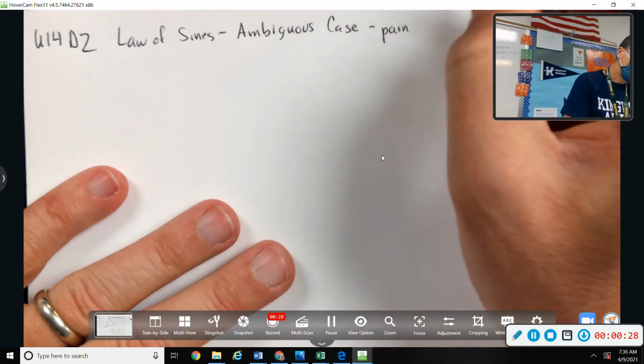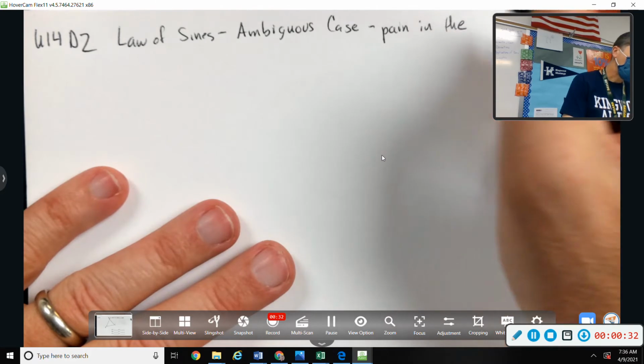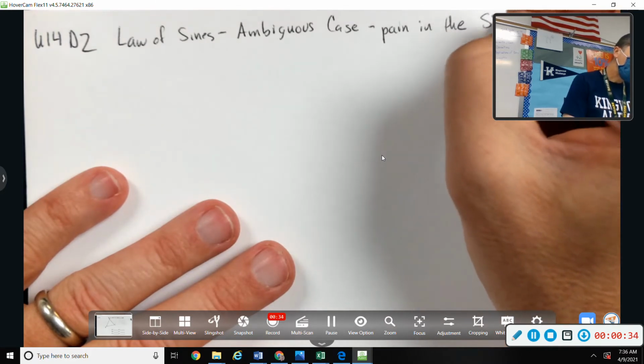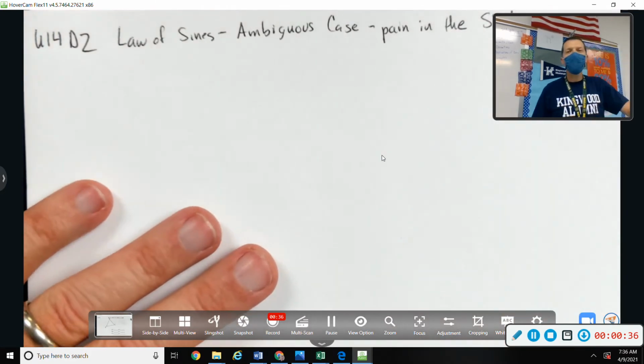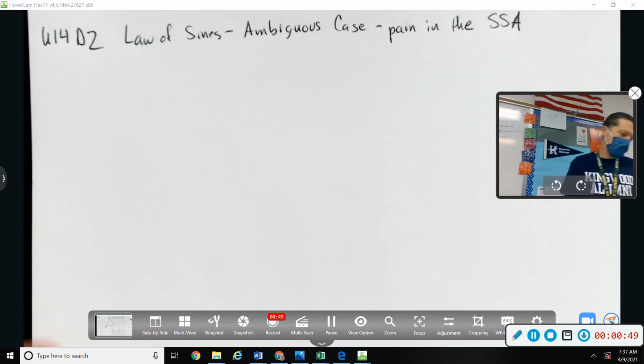So, at the risk of putting this out there for the world to see, it's fair to say that the ambiguous case is a pain in the angle, side, side. So if angle, side, side is the information you have, then it's going to be ambiguous case, and you're going to have to really be careful.